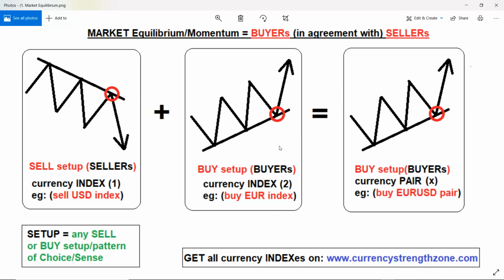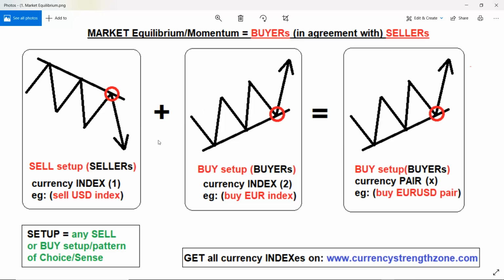then the trade will be very profitable if the euro index also has a buy setup in agreement with the sell setup of the USD index. So pairing these indexes, where you have a sell on the USD index and a buy on the euro index, in this case we'll be buying euro against dollar.